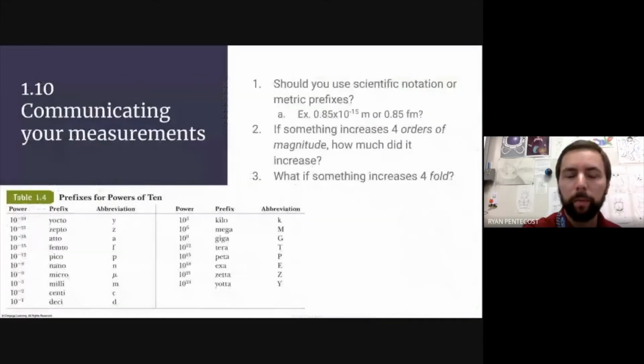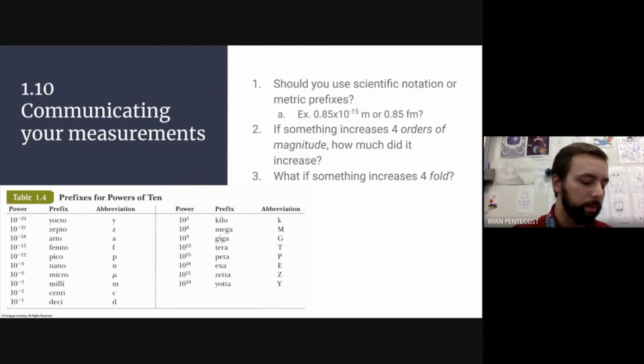Next, communicating your measurements. This is extremely important because it really doesn't matter what your measurements are if you can't communicate them to other scientists. That's kind of the whole point of doing science, communicating with the rest of the world, or at least with the rest of your field, what your findings are, because that's why we do science, right?